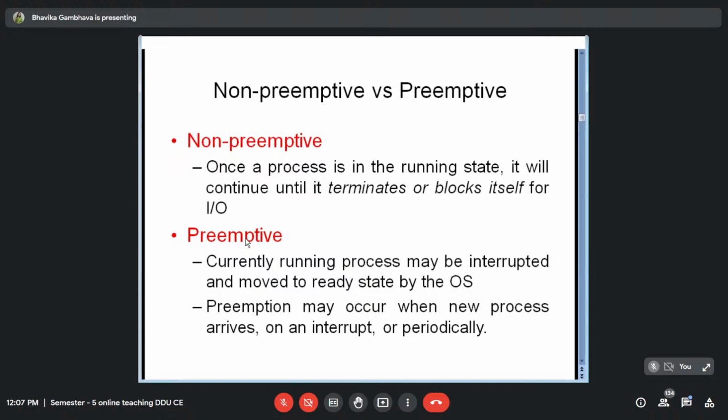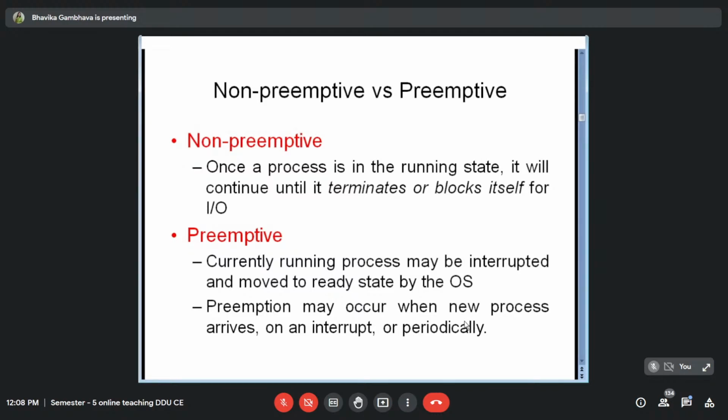In case of preemptive, the currently running process might be interrupted by the operating system and put into the ready queue. So we now have to decide when we want to preempt: at any point of time, or periodically, like after each clock cycle or each 5 clock cycles, whatever you decide is best for your algorithm.